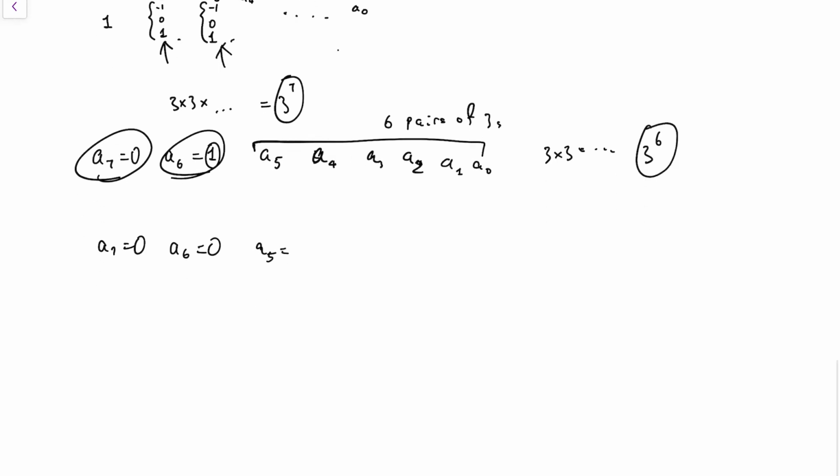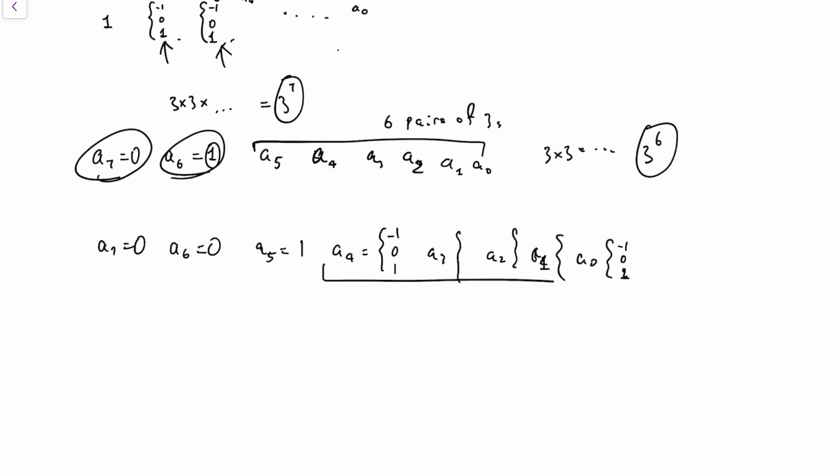And then this one, a5 is 1. a4 equals 0, or, well, it could be anything, sorry. -1, 0, and 1. a3 is also this. a2, this. a1 is also this. a0, -1, 0, and 1. So from a4 to a0, there are 5 different pairs of 3s. 3 choices.